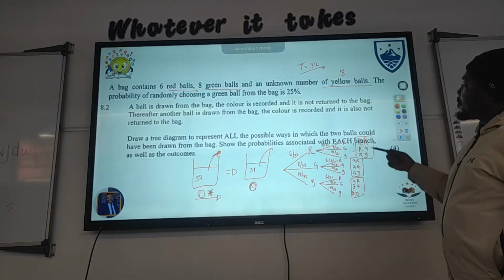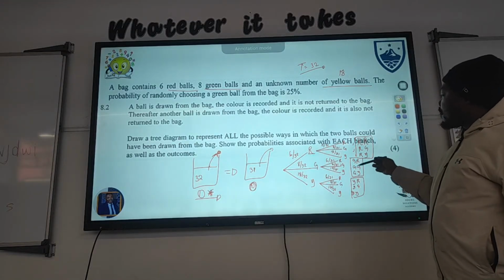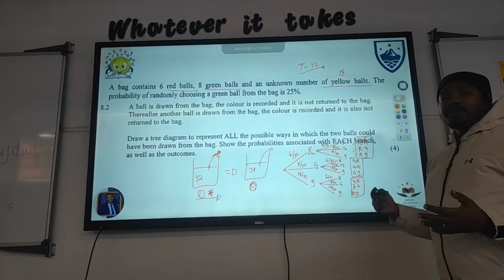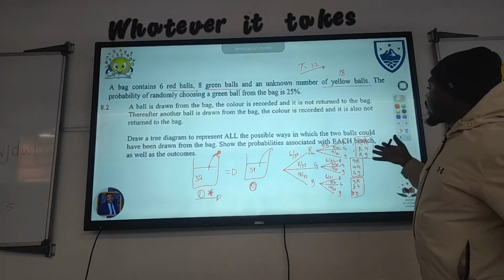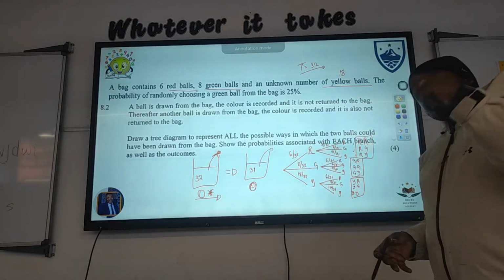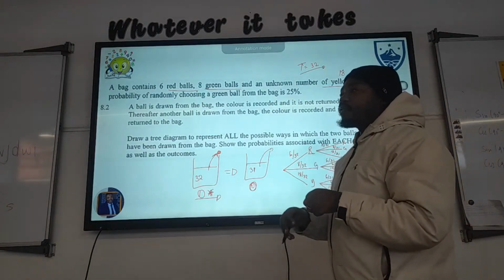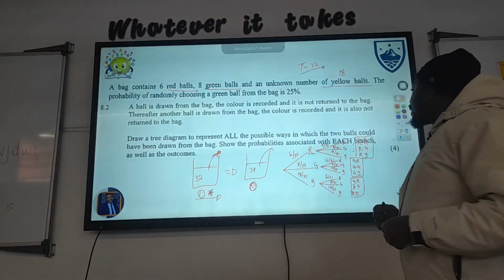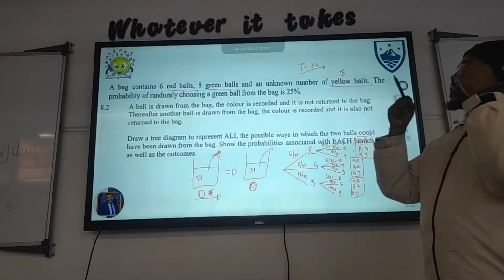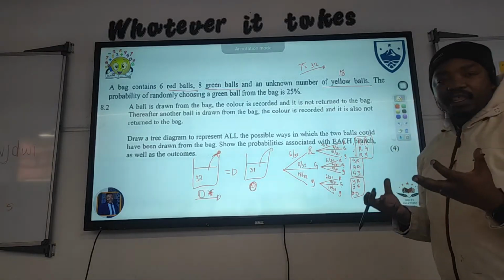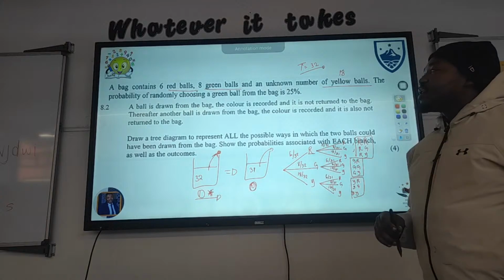So you have 1, 2, 3, 4, 5, 6, 7, 8, 9 possible outcomes that you might get from just withdrawing two balls one after the other. Even if you withdraw them at the same time and look at them at the same time, you will still get the same possibilities.